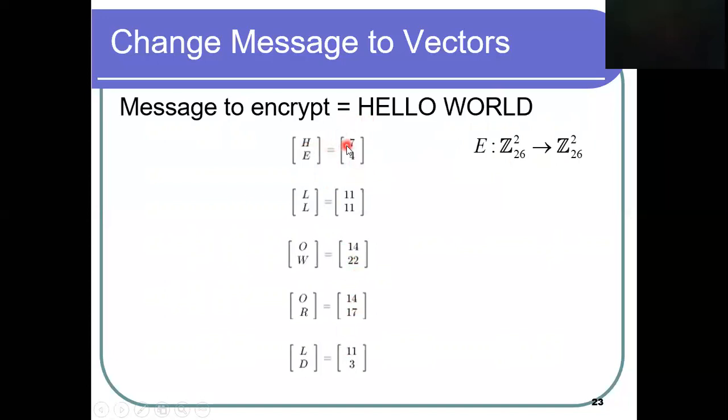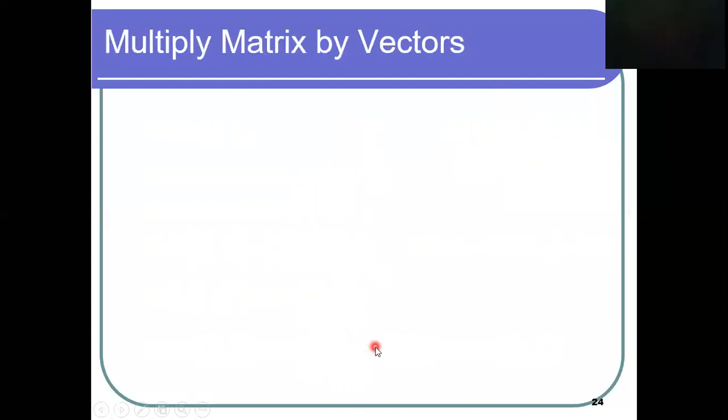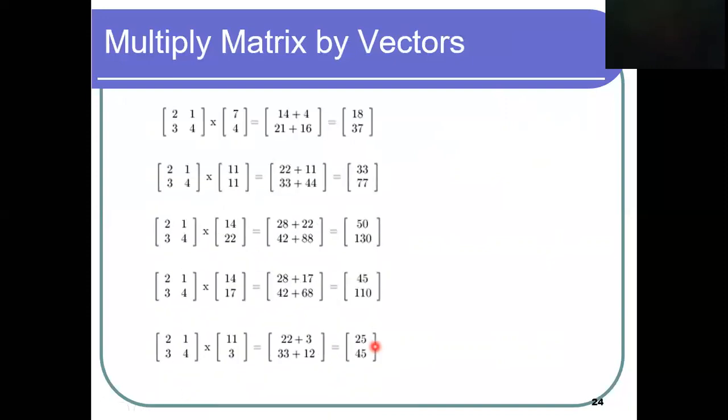H is mapped to 7, E is mapped to 4. Similarly, L is mapped to 11 and D is mapped to 3. So I multiply my matrix A with the corresponding elements of Z26, the mapping of letters to elements of Z26.